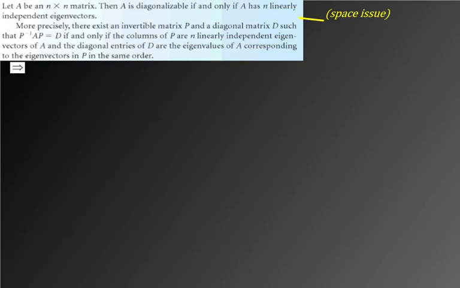So I'm going to start, instead of P inverse AP equals D, with AP equals PD. Okay, I personally like that form of diagonalizable similarity stuff a little more.